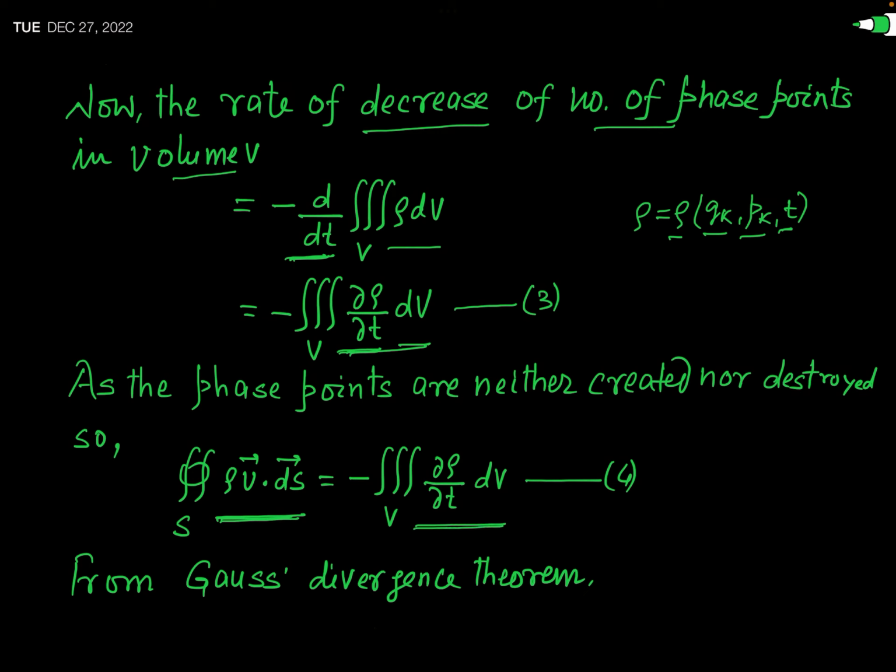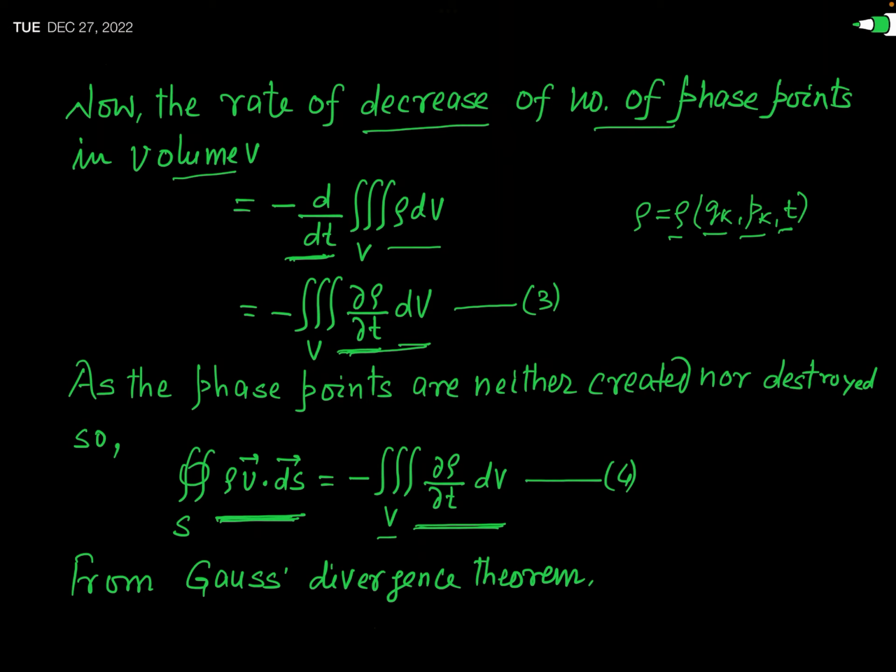Okay, now you can see in this equation 4 the RHS is a volume integral. This is a definite integral with respect to volume V, integrated over the entire volume V. But see the LHS of this equation. LHS is a normal surface integral.